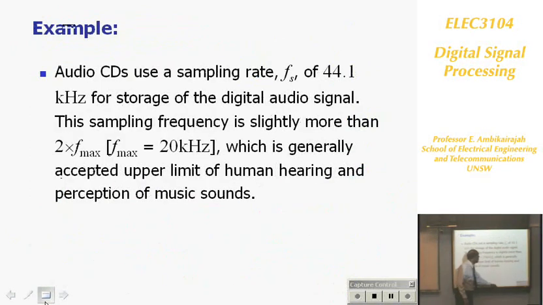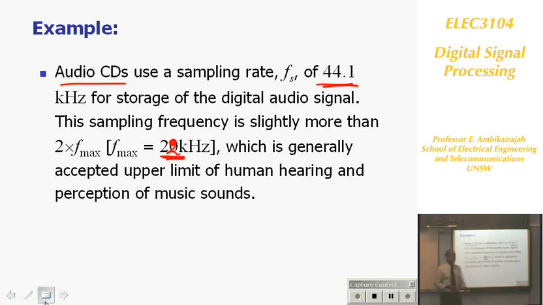Let's take an example I have already explained to you. The audio CD uses a sampling rate of 44.1 kilohertz for storage. The sampling frequency is slightly more than the maximum frequency available. Maximum is about 20. Well, it's really 22. Not really exactly correct to say 20.